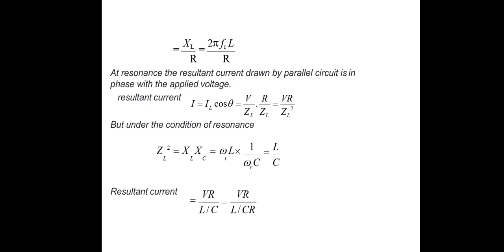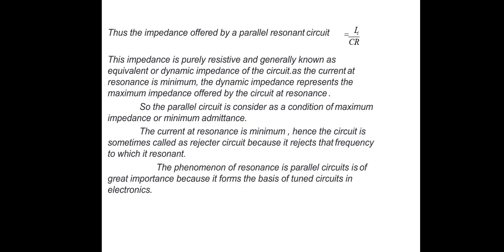But under the resonance condition, we already know that ZL square equals XL into XC, so omega r L into 1 by omega r C. Omega r gets cancelled, so L by C is left. That means ZL square is equivalent to L by C, and the resultant current is indicated by VR by L by C, that is V by L by CR. This is the resultant current we are taking here.